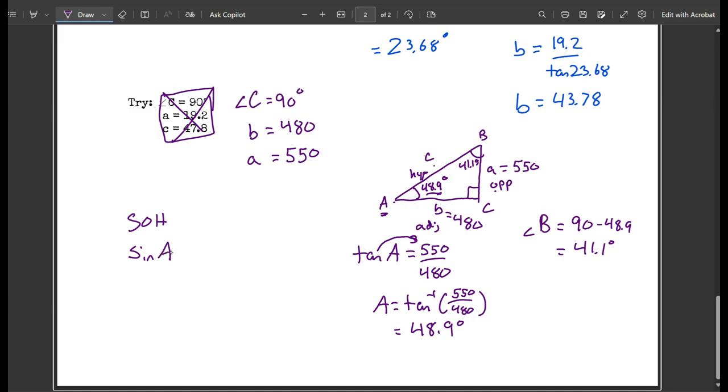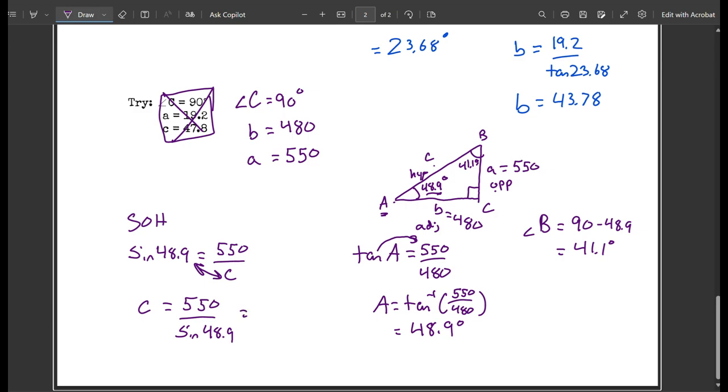So the sine of A, sorry, we know what A is now. Sine of 48.9 is equal to the opposite, 550, divided by the hypotenuse, which is C. Opposite over hypotenuse. Okay, we can do our trick, cross multiply and switch. So C equals 550 divided by the sine of 48.9.